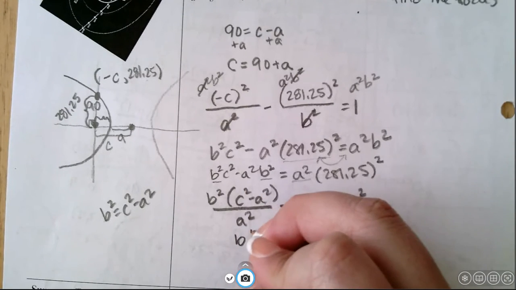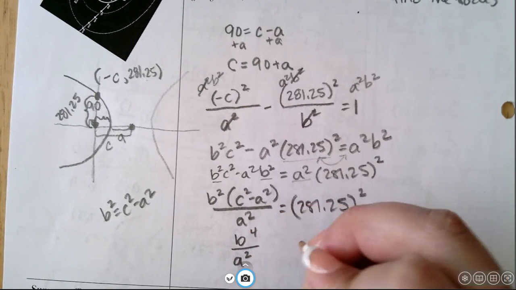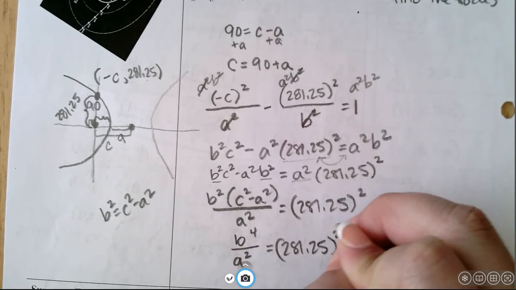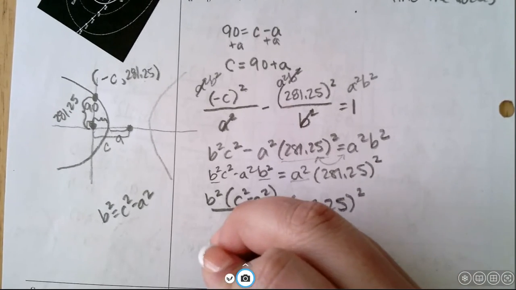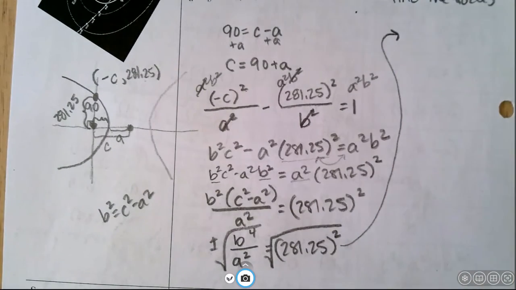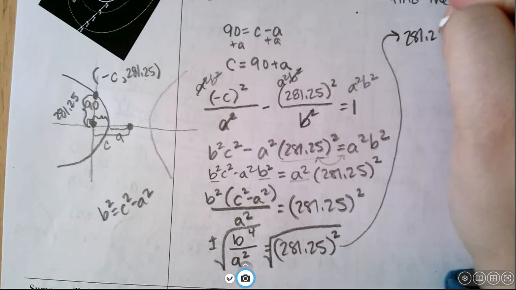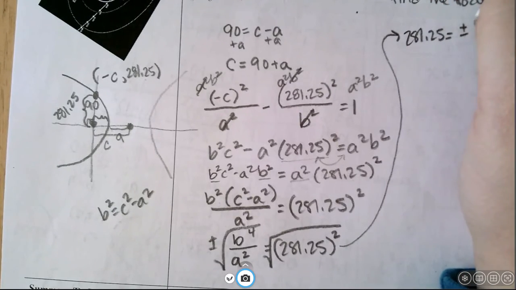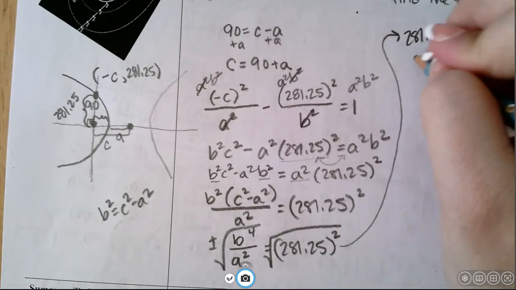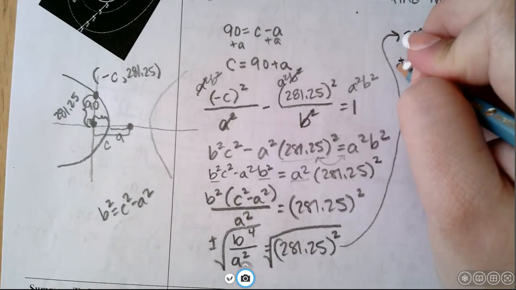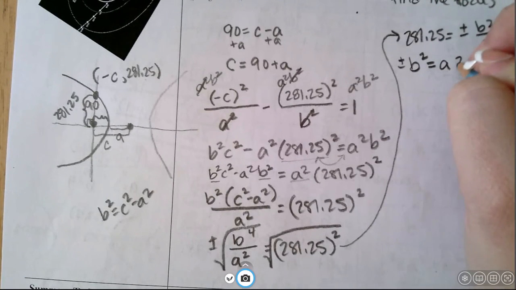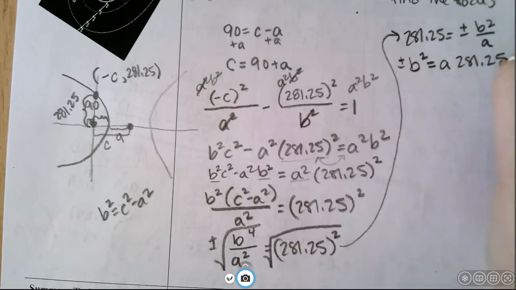So we have b to the fourth over a squared equals 281.25 squared, square root property. And then I'll bring it up here. So we have 281.25 equals plus or minus b squared over a, which means that plus or minus b squared equals a times 281.25.